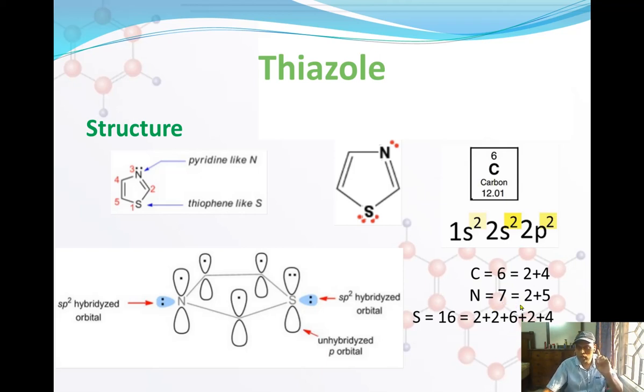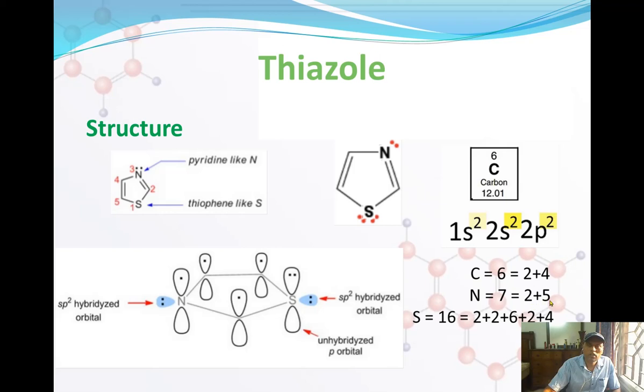So they are going to be 2s, 2px, 2py, and 2pz, and they are going to take 2 electrons each. So that second principal level is filled.